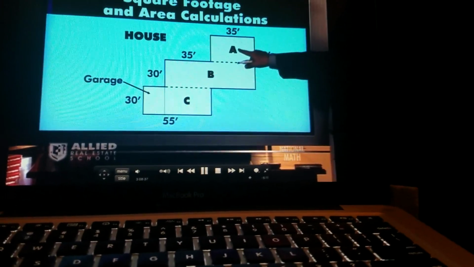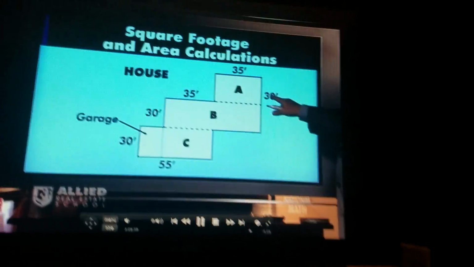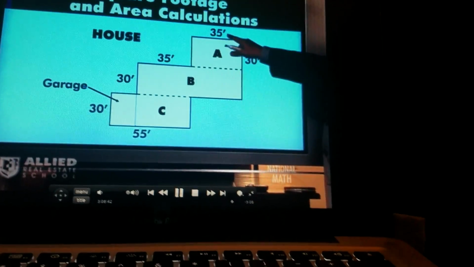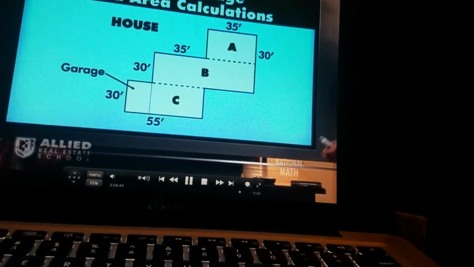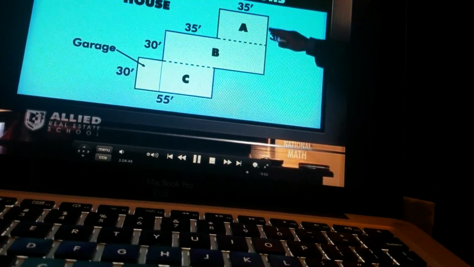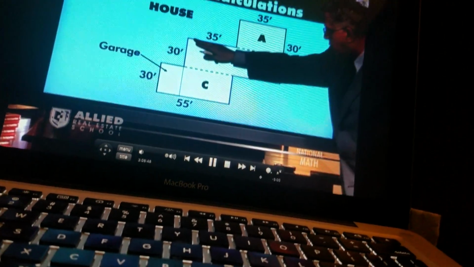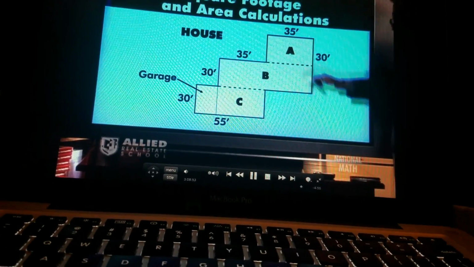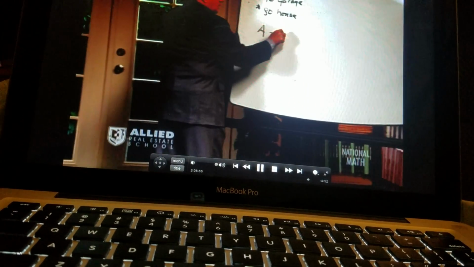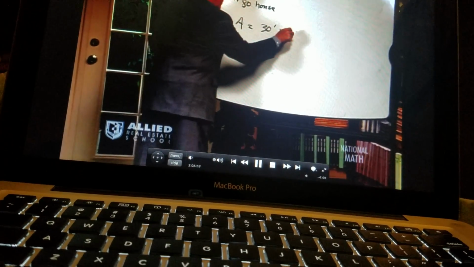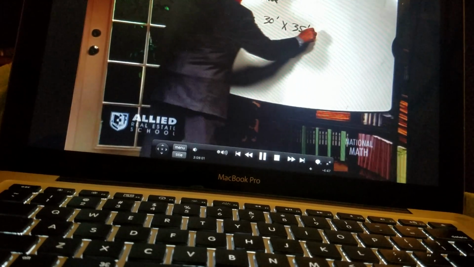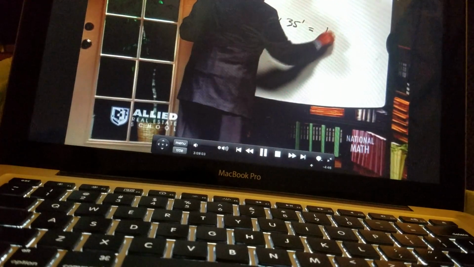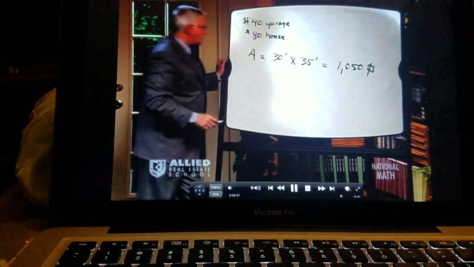So look at parcel number A here. It is going to be 30 feet times 35 feet, because we've got 30 feet from here to here, and then from here to here we've got 30 feet also. So parcel A is 30 feet times 35 feet, which should be 1,050 square feet, right?